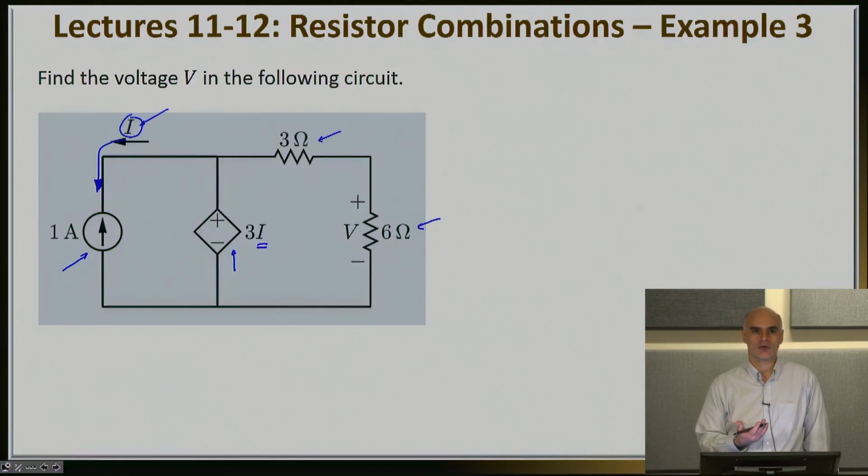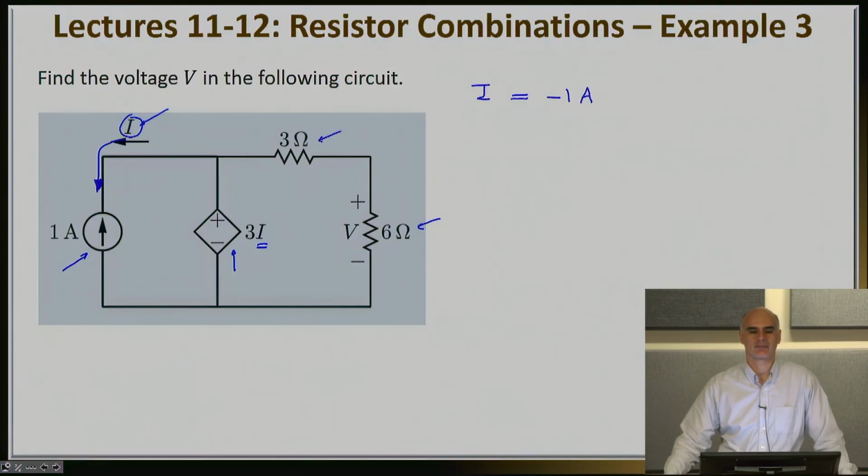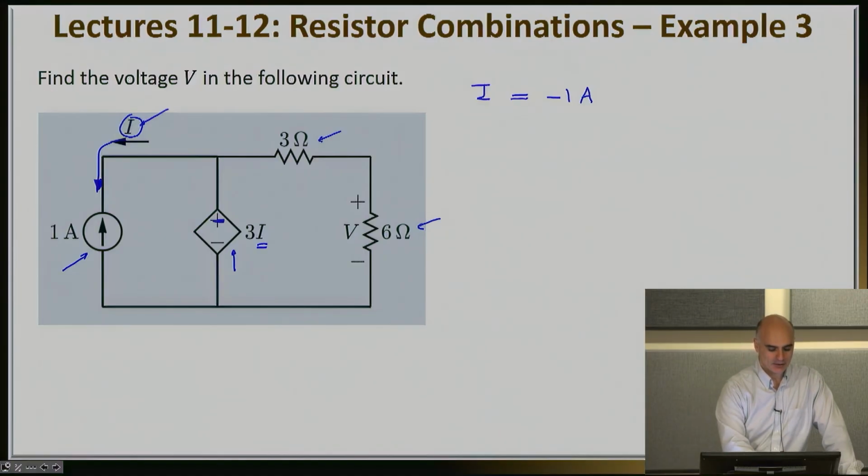And since I do know the current of that source, I can very quickly find the current I. In fact, it doesn't take much thinking to write down that I is equal to negative 1 amps. Since I is equal to negative 1 amps, the current that flows opposite to the current of the current source, essentially I now know the voltage that this dependent source is creating in my circuit.